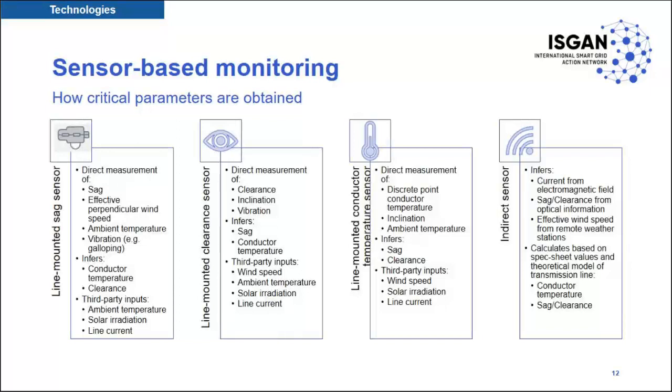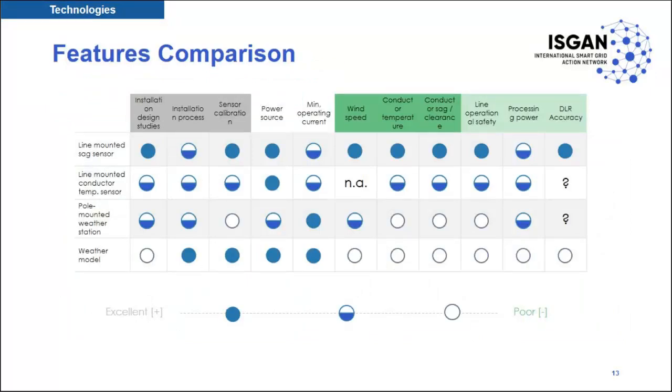And the probe itself, being in a box, will act as a radiator, a heat sink, and will affect measurements. So we do not favor this approach. And lastly, the weather model-based approach with no sensors at all on the conductor, only weather stations and weather modeling.